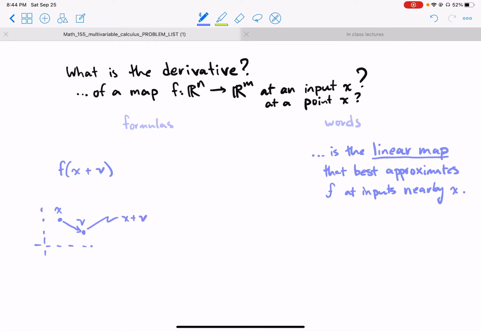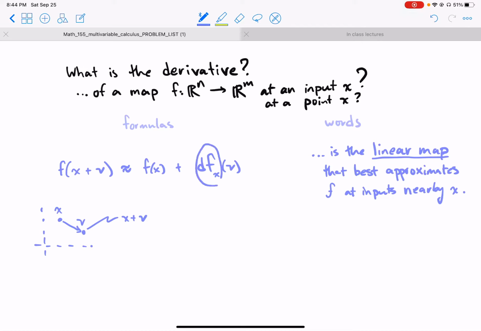And so we've moved a little bit. But because we have the derivative, then we know that this is basically equal to f of x plus the derivative d, the derivative of f at the point x, evaluated at v, at the movement vector.